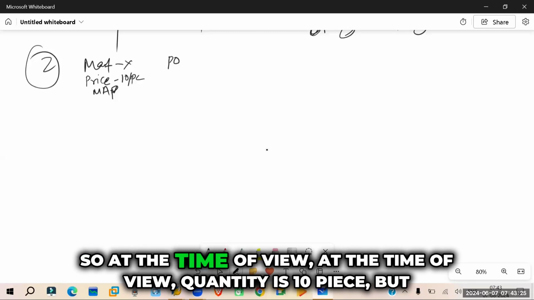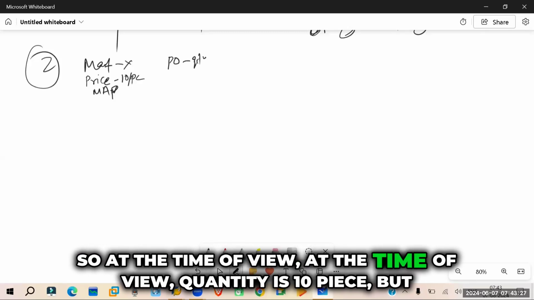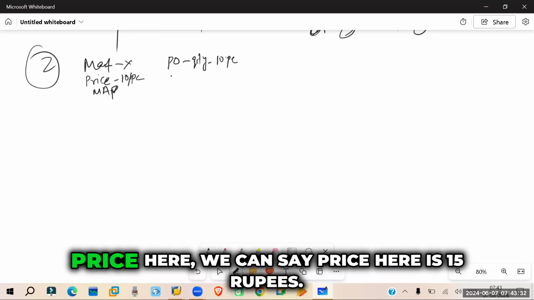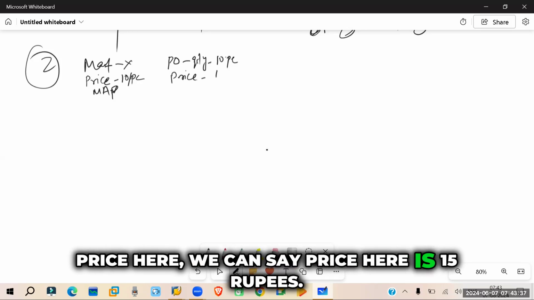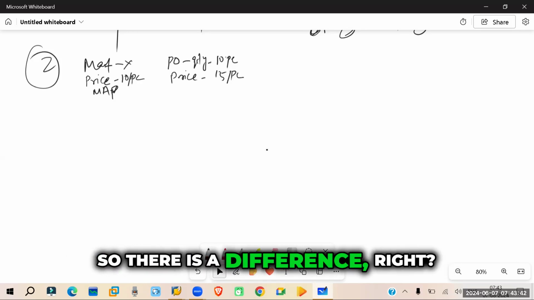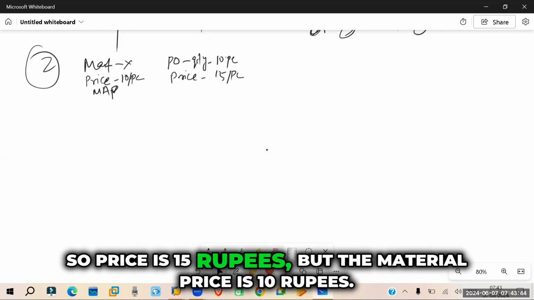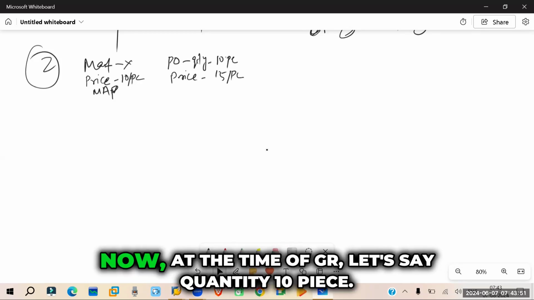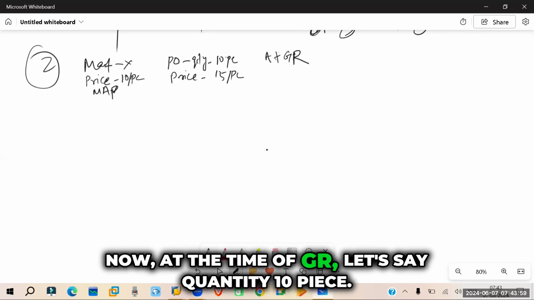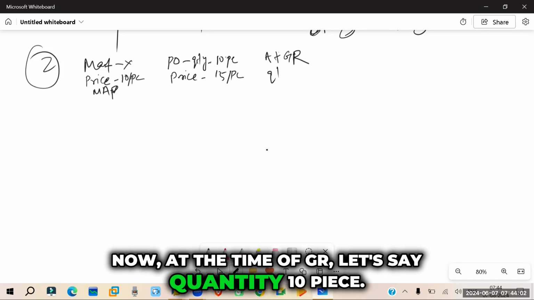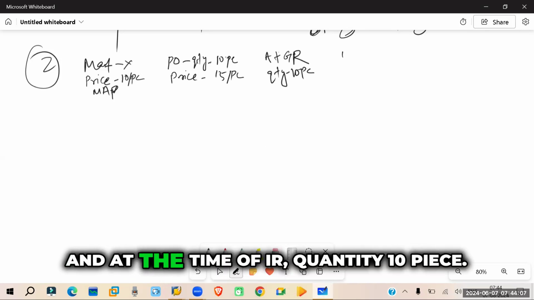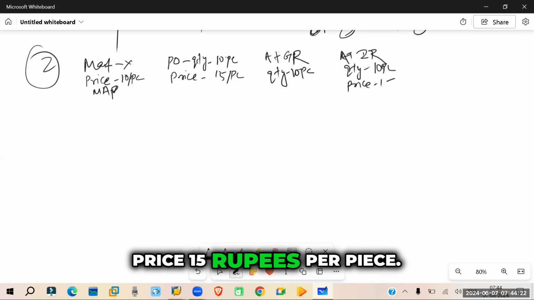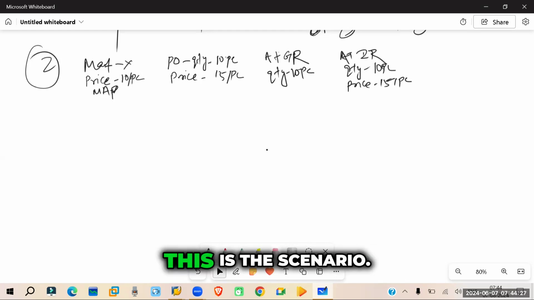At the time of PO, the quantity is 10 pieces, but the price here is 15 rupees. So there is a difference, right? The PO price is 15 rupees, but the material price is 10 rupees. Now at the time of GR, let's say quantity 10 pieces. And at the time of IR, quantity 10 pieces, price 15 rupees per piece. This is the scenario.